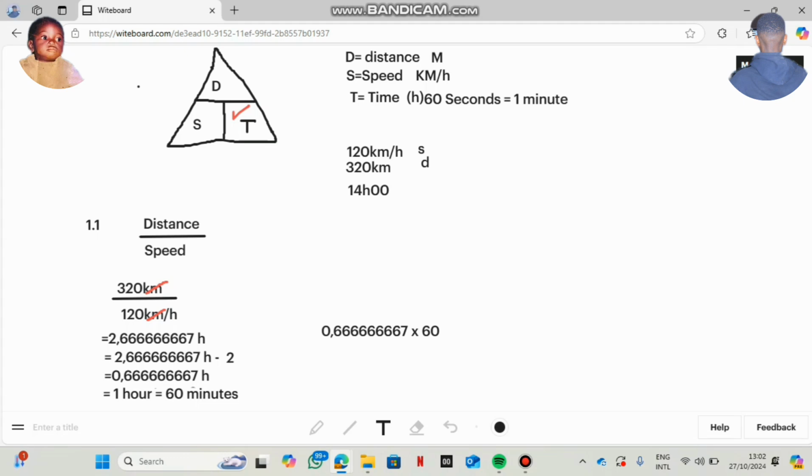So now we multiply it by 60, and then it says 0,667 hours multiplied by 60. It will give us probably, let me calculate, but I think 40. Yes, it gives us 40 minutes. Meaning now, you add your 2 hours I told you to remove.